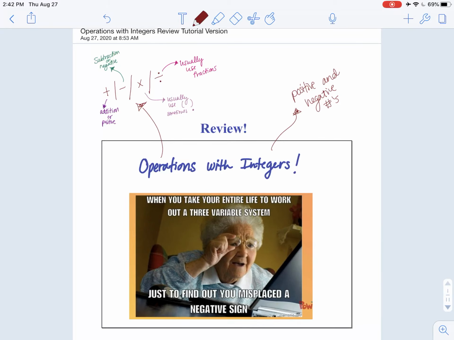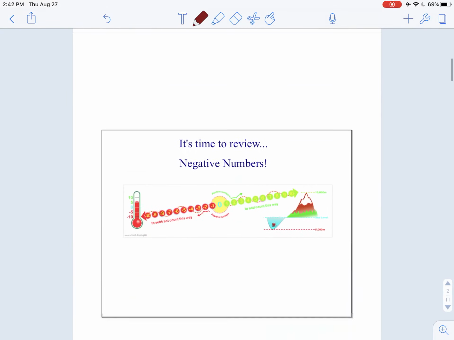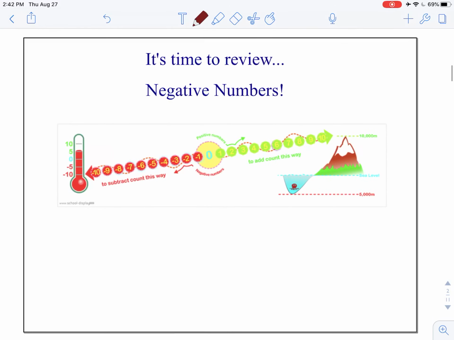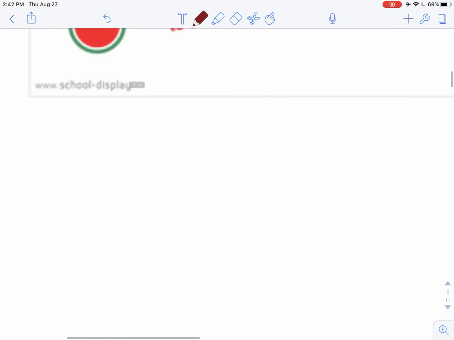So when we're going to start this, we want to first look at negative numbers. And what are the negative numbers? We have negative numbers every day in our life. Now I'm sure you are very familiar with negative numbers, but it's important to be able to visualize real-world applications of negative numbers. When we're talking about negative numbers, we can talk about temperature. These are below zero temperatures.